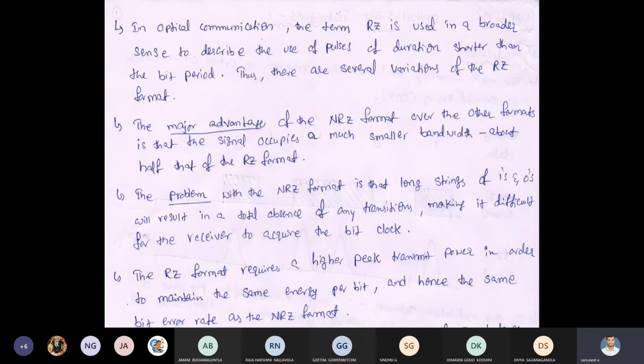Nothing but we require only a small bandwidth, right? The time period is inversely proportional to frequency. That's why whenever the time occupied is more, the frequency should be less. Whenever the frequency is less, the bandwidth required is also less. That is the major advantage of non-return to zero.